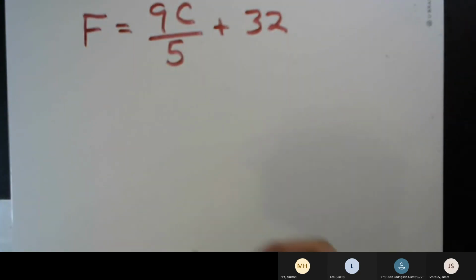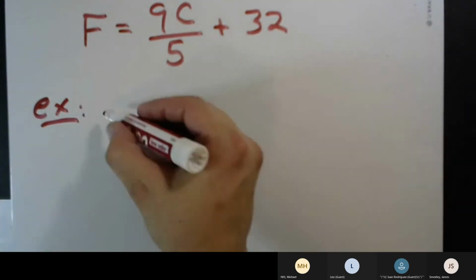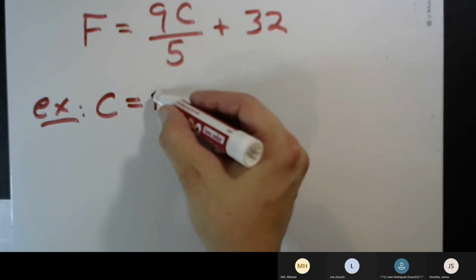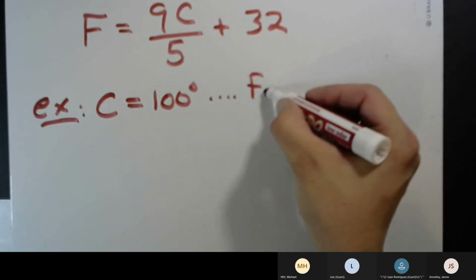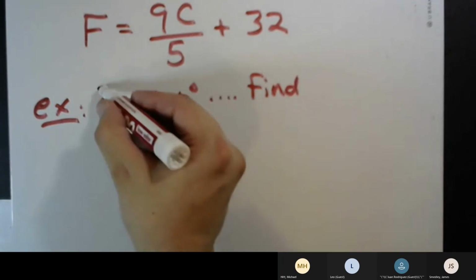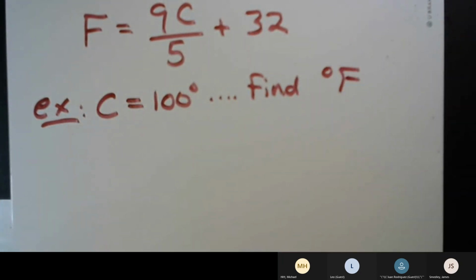So what we're going to do here is this. You may have heard that water boils at 100 degrees Celsius. We want to find degrees Fahrenheit.